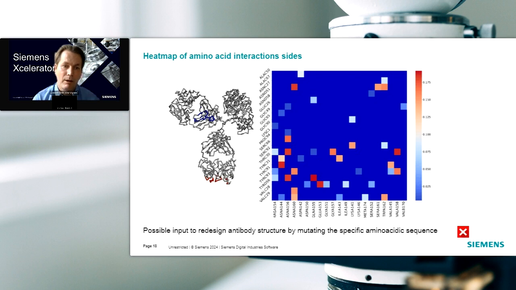And of course, once you know that, there's a possibility to redesign your antibody structure by mutating the specific amino acid sequence, provided of course that it does not interfere with the actual operation, the efficacy of your antibody. But at least it gives some insight and some tools to actually start directing the development of the protein structure itself and start to change the protein structure itself.